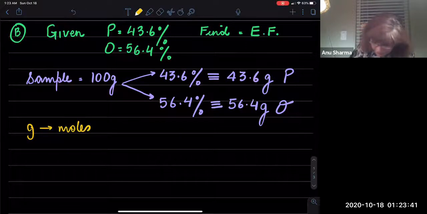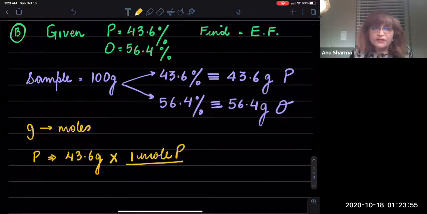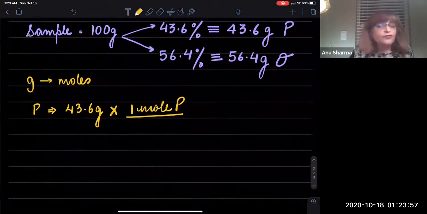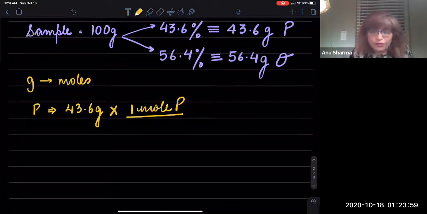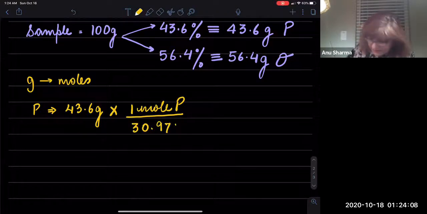So for phosphorus, we have 43.6 grams times 1 mole of phosphorus over the formula mass of phosphorus, which from the periodic table, the molar mass of phosphorus is 30.97376 grams.